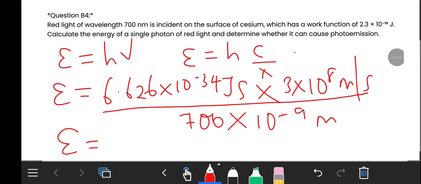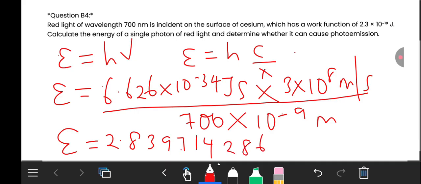We are going to have energy equal to 2.839714286 times 10 to the power negative 19 joules.